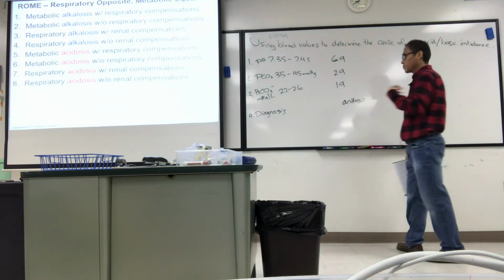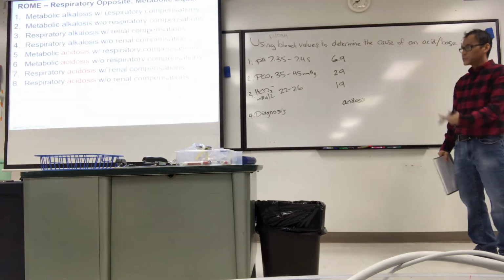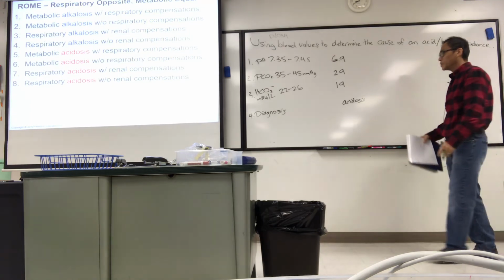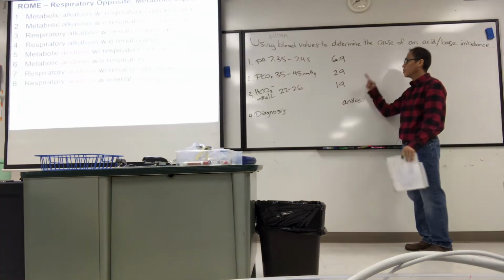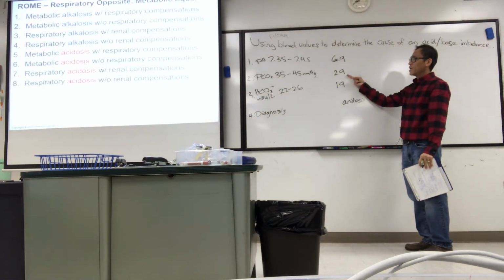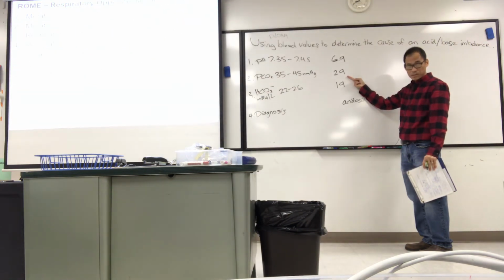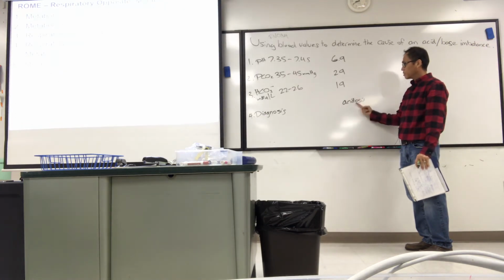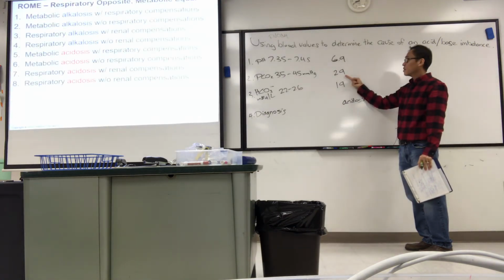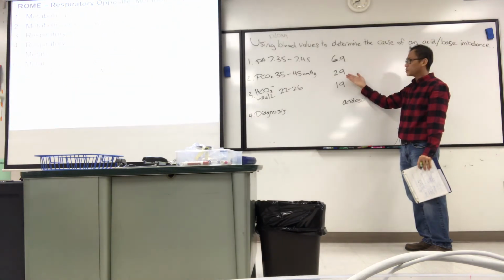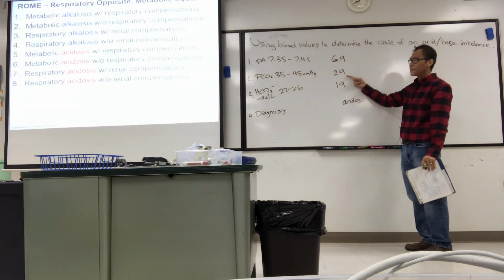Then, is it a respiratory cause or a renal cause? Then you start looking at those values. Just for sake of following the same procedure, look at PCO2 next. Is that high, low, or in the normal range? No, that's low, but is that the cause by being too low? What's the rule? It should be opposite. If that's low, that should be opposite if that's the cause. So all you say for right now is, this is not the cause.